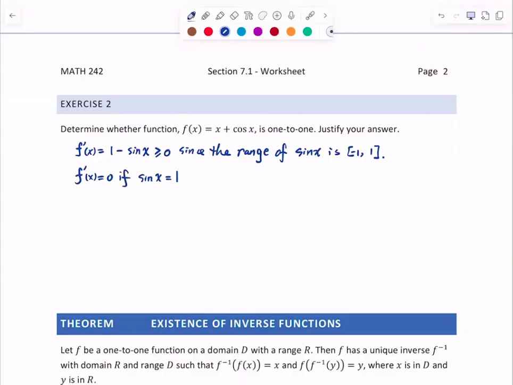Okay, the derivative is equal to 0 when sine x is equal to 1, but when is sine x equal to 1? Sine of what is 1? Pi over 2.